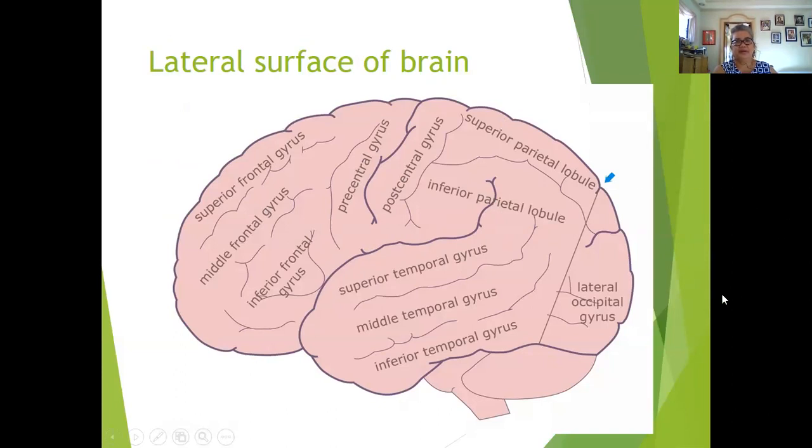Then this will now be the inferior surface of the temporal gyrus or temporal lobe. So you have your temporal lobe here, you have your frontal lobe here, and you have your parietal lobe here, and here you have your occipital lobe.